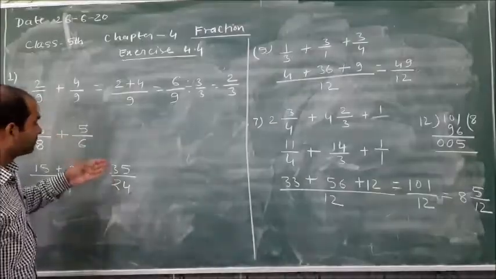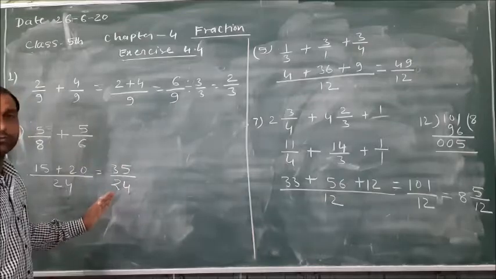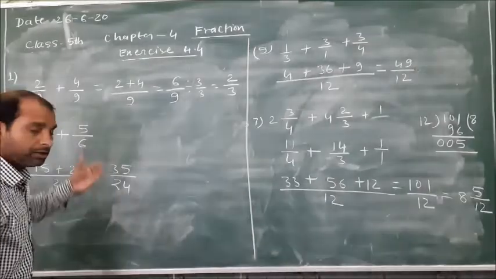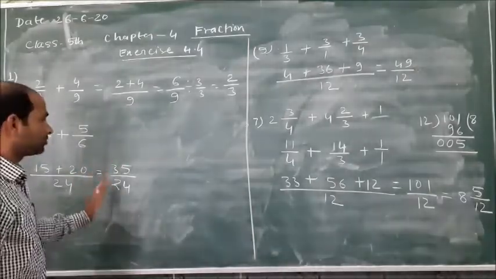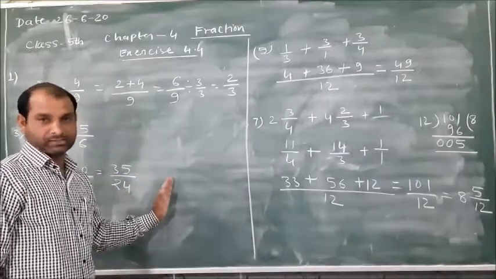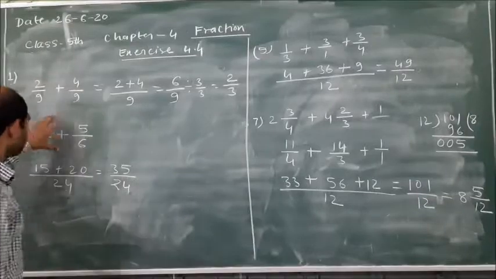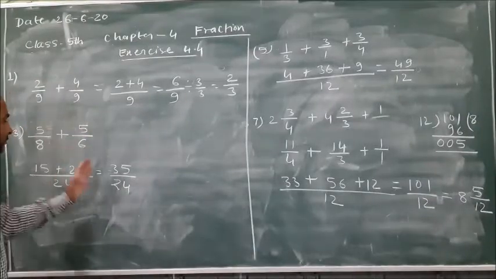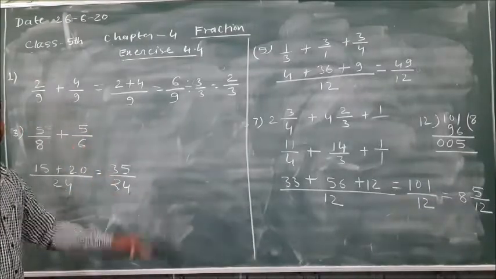So 35 upon 24 is in the lowest terms, so this is your answer. You can also convert it into a mixed fraction, but the question is not in mixed fractions, so we write 35 upon 24.